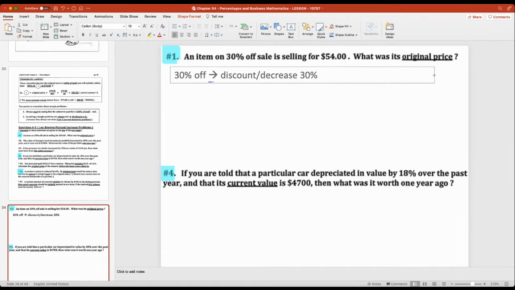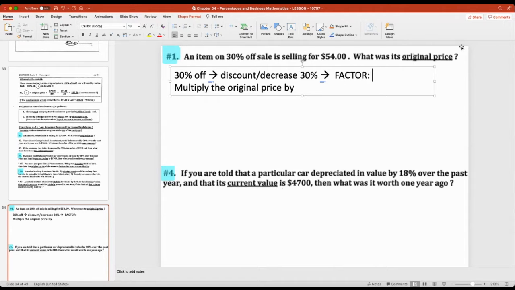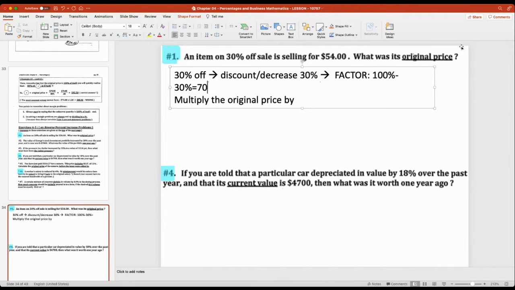What that means, in terms of what we talked about last time, is you multiply the original price by, and here's the kicker, we need to get that factor. That factor is going to be 100% minus 30%, which is 70%.